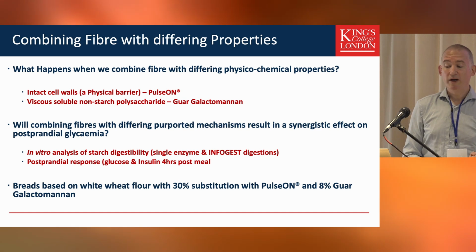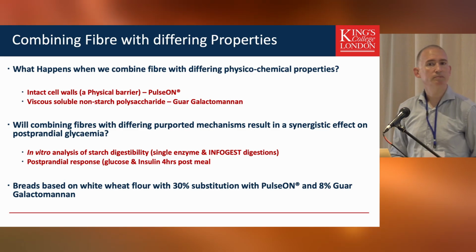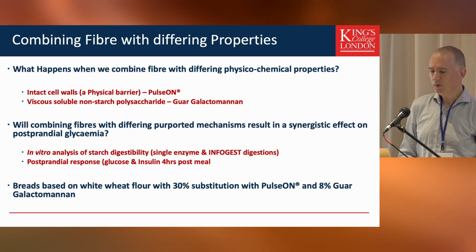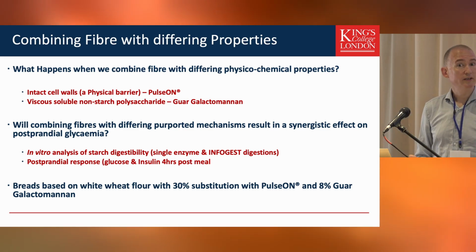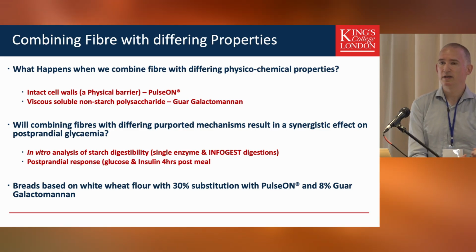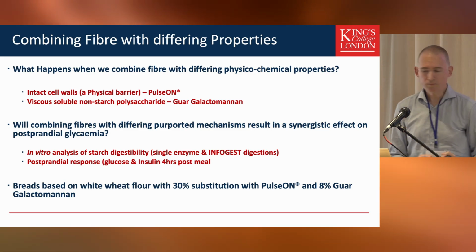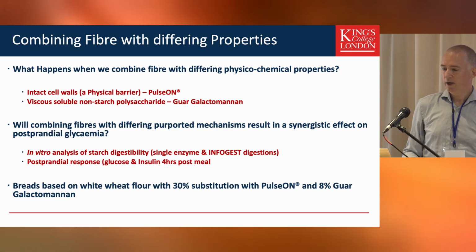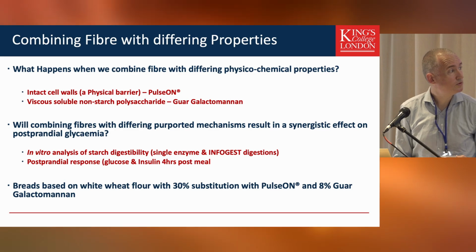And will combining the fibres with the different mechanisms have a synergistic effect on postprandial glycemia? So we did this by doing in vitro analysis using single enzyme assays and the harmonised INFOGEST digestion assay, and then we did a postprandial study in healthy humans.